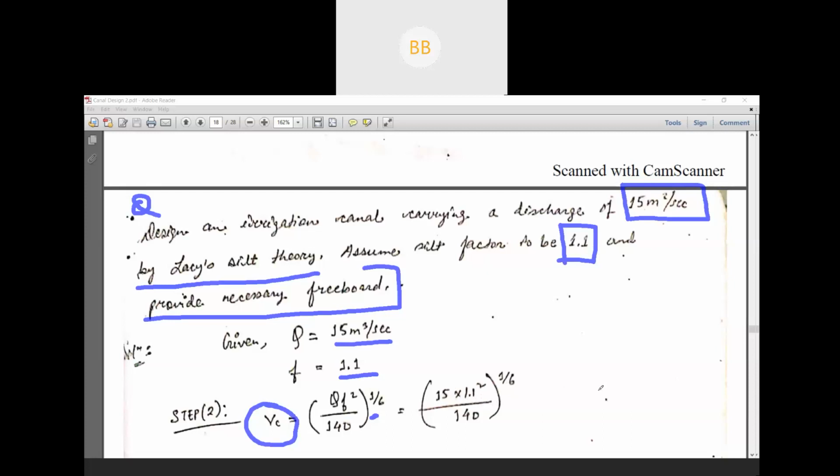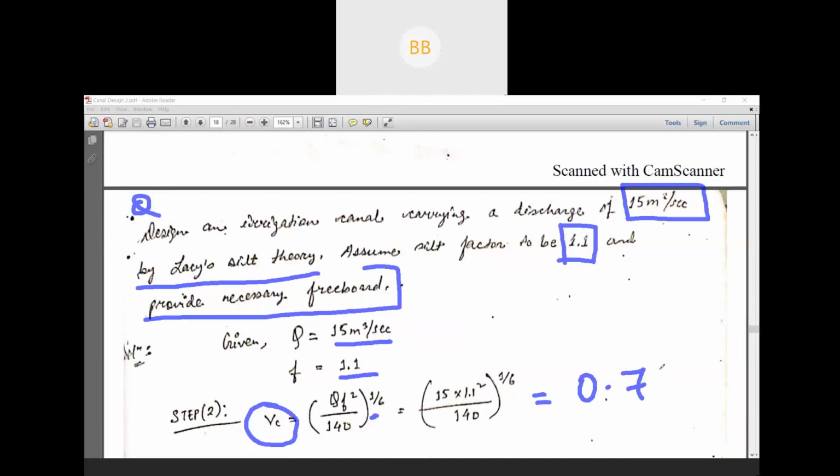How much did you get? It is approximately 0.71.